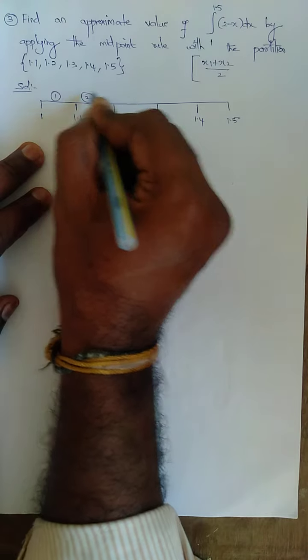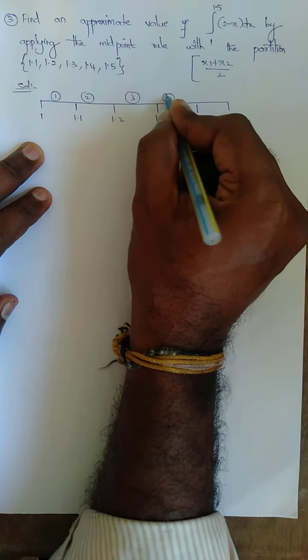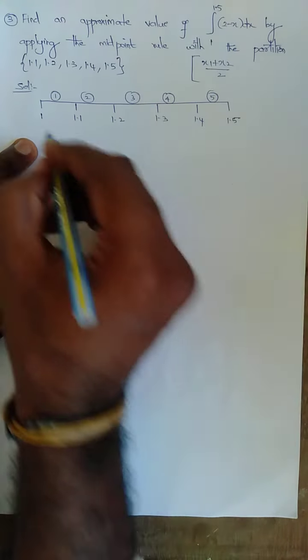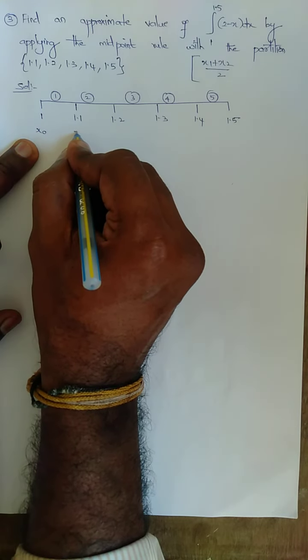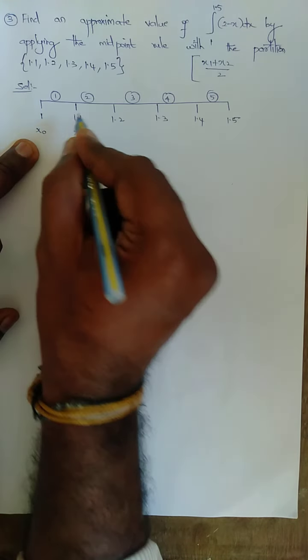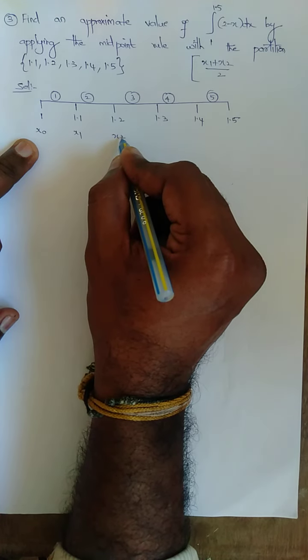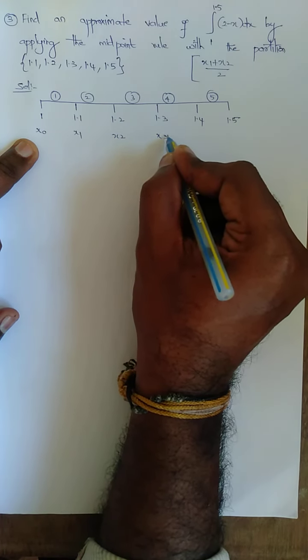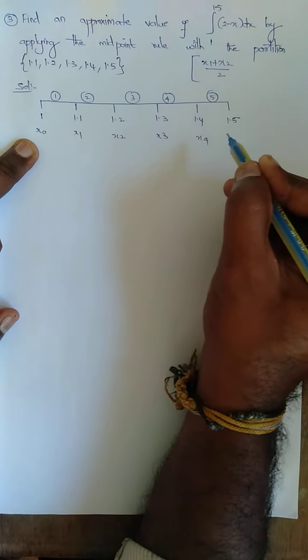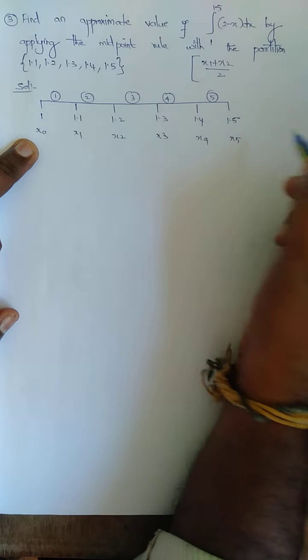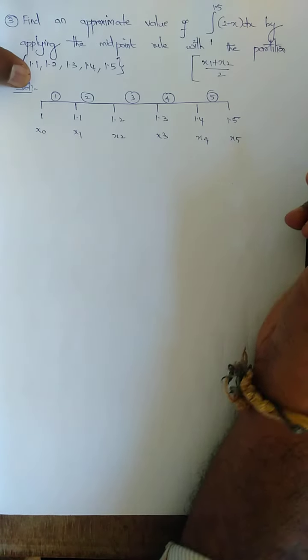First interval, second interval, third interval, fourth interval and fifth interval. This is x0. What is x0? 1. x1 is 1.1, x2 is 1.2, x3 is 1.3, x4 is 1.4, x5 is 1.5.